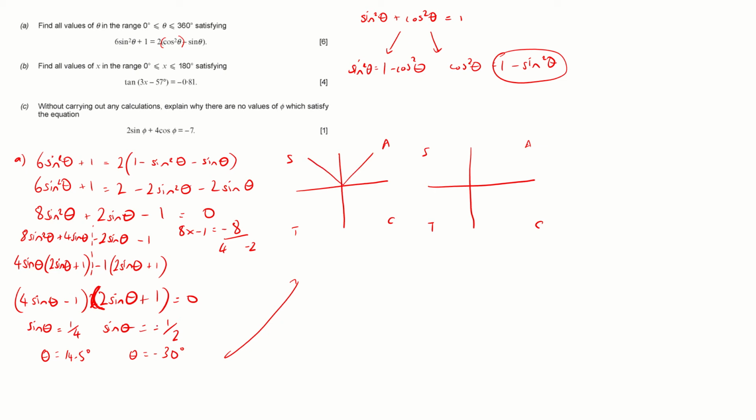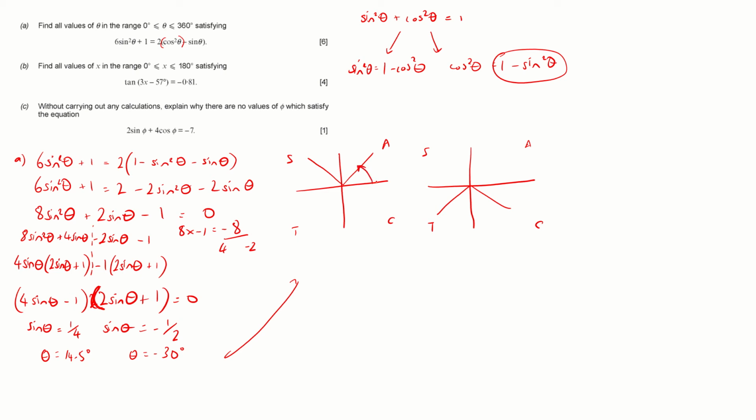In the other one, I was finding sine theta equal to minus a half. So sine is negative. Now, in both, the range is 0 to 360, so that's both in this anti-clockwise direction here.